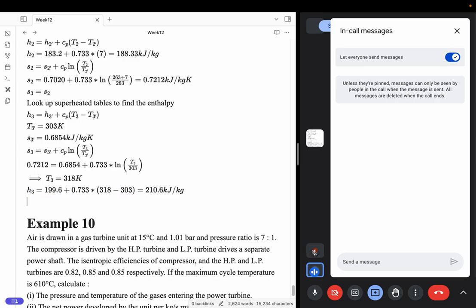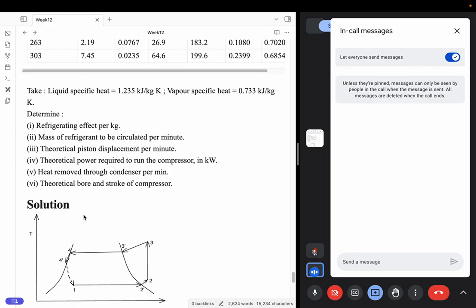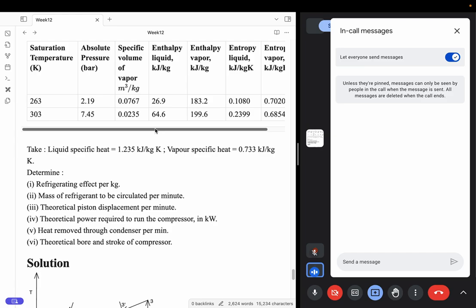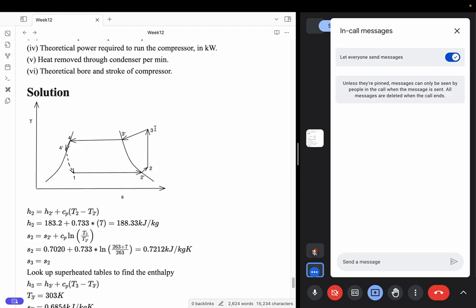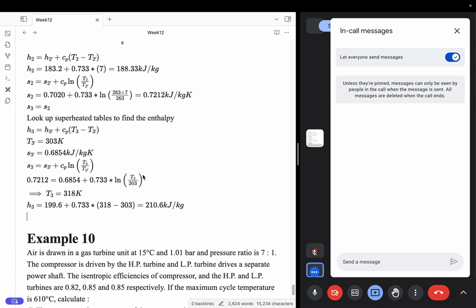So now I have H2 and H3. Now again, this is straightforward. H4 is known: the value of the saturated liquid, that is 64.6. H4 is approximately equal to H4 prime.